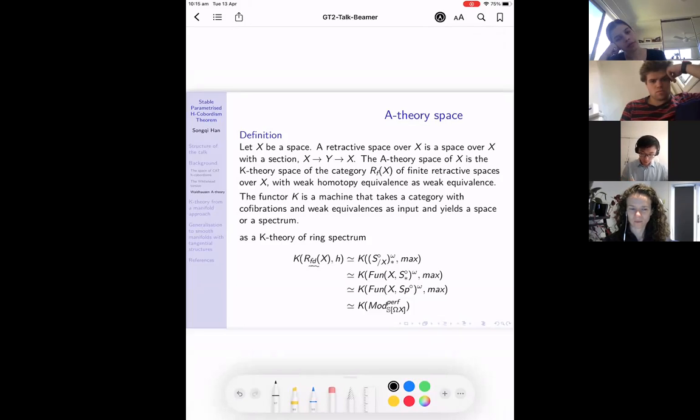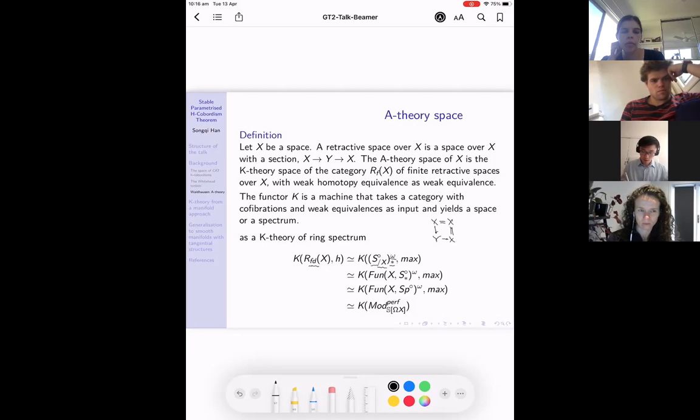Finite dominated retractive spaces correspond to compact objects in S_{/X}, where S stands for the infinity category of spaces and /X means the category of spaces over X. Here the star stands for pointed, because our spaces over X are pointed: the point in the spaces over X is the identity map, and pointed means there's a map to X. And here the upper circle stands for the subcategory of fibrant-cofibrant objects.